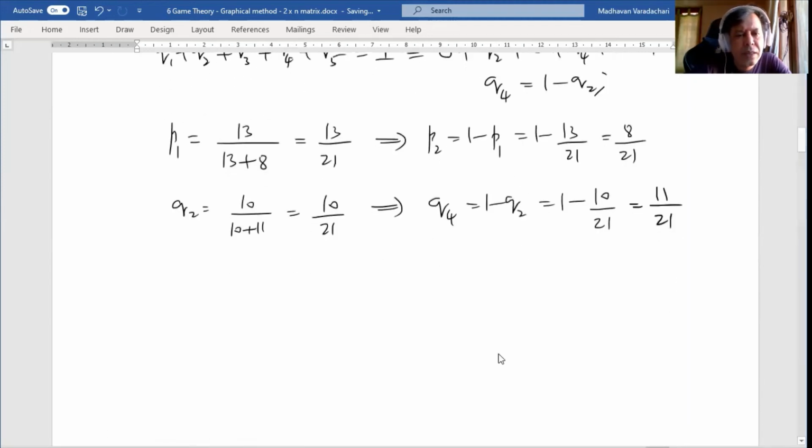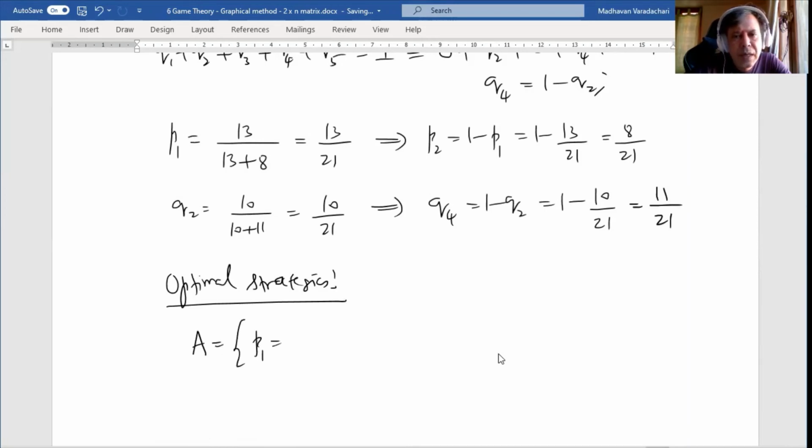So we got the optimal strategies now. For A, it will be P1 is 13 by 21. The probability of player A adopting his first strategy is 13 out of 21.